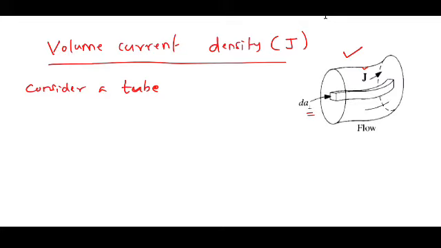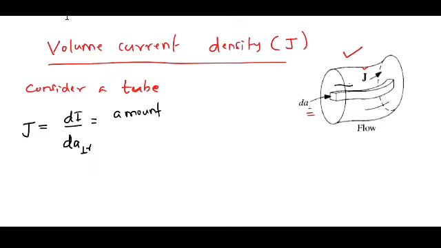The volume current density J can be defined as the amount of current flowing through unit area in a direction perpendicular to the flow of current. J can be defined as di by dA perpendicular, that is, the amount of current flowing through unit area.